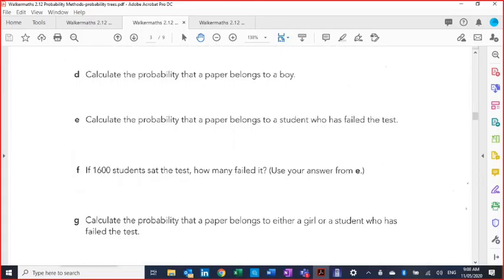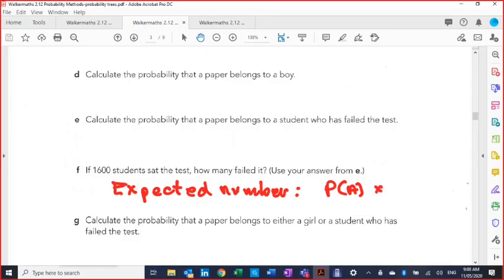If 1,600 sat the test, how many failed? You're going to use the probability from A. Remember that this is something we also reviewed, and we used it also in the other one. It's something called expected number. And that is simply the probability of the event times the number of items or number of people, in this case, 1,600.